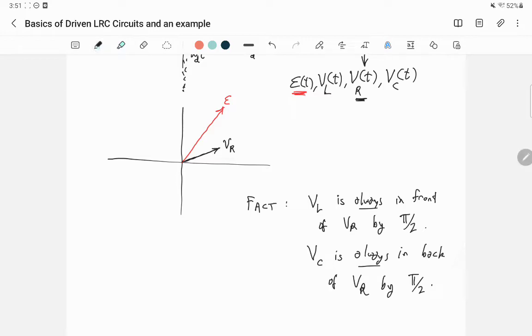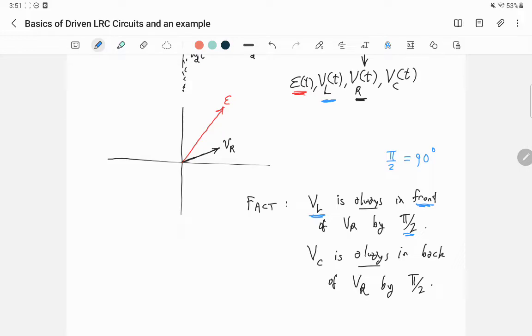So let's do the voltage across the inductor in blue. It's always in front by pi over 2. So if it's in front by pi over 2, remember pi over 2 is the same thing as 90 degrees.